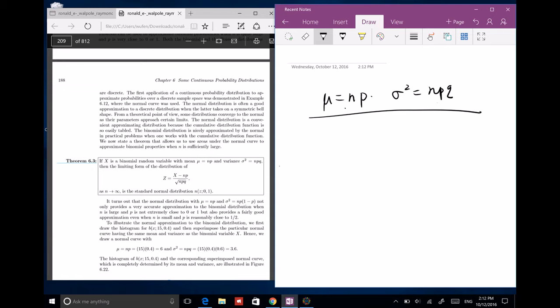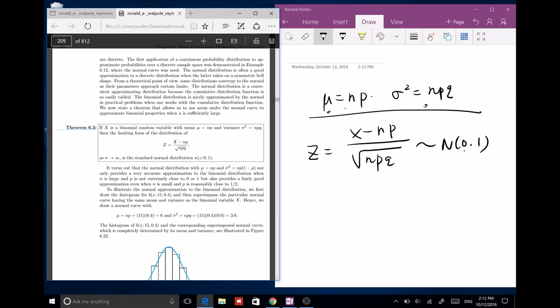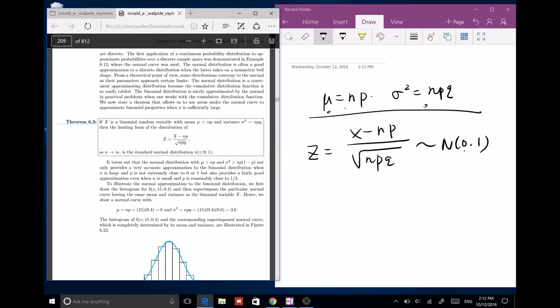If we have a large sample size, then the distribution of X minus np over the square root of npq approaches the standard normal distribution of 0, 1. Subtract the mean value, which gives you 0, divided by the standard deviation, which gives you 1. But it has to be that n goes to very big. Then you have the standard normal distribution.